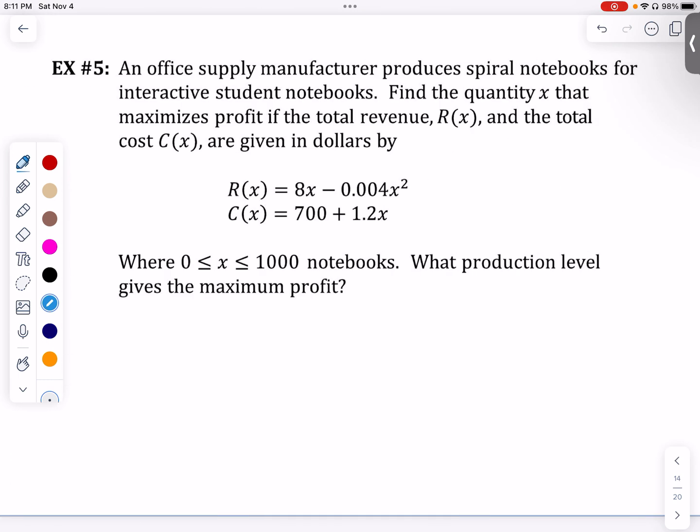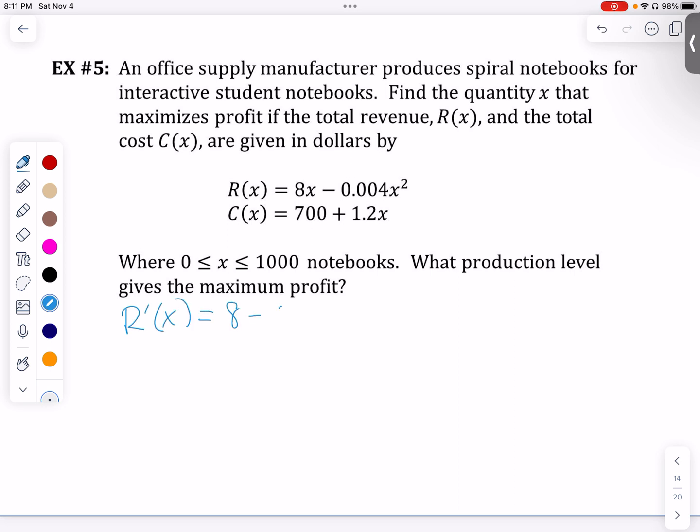Yep. So an office supply manufacturer produces spiral notebooks for interactive student notebooks. Find the quantity x that maximizes profit if the total revenue R of x and the total cost C of x are given in dollars below. So we want to figure out first, what is R prime of x?